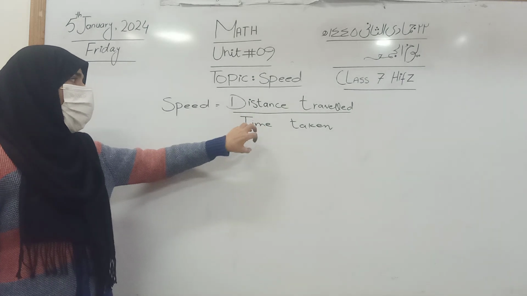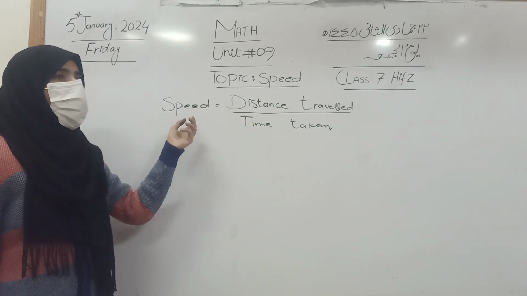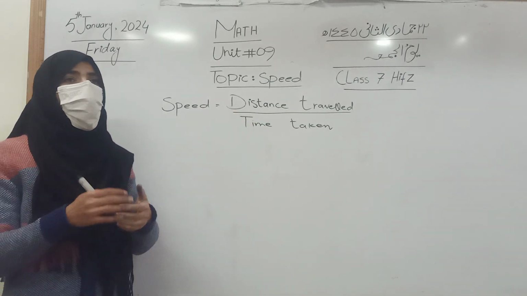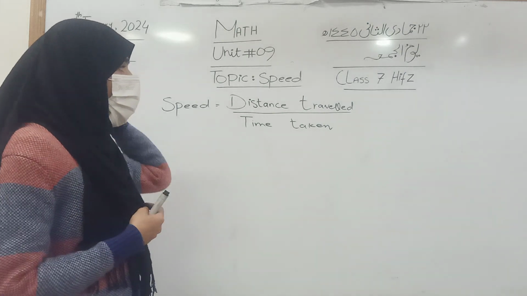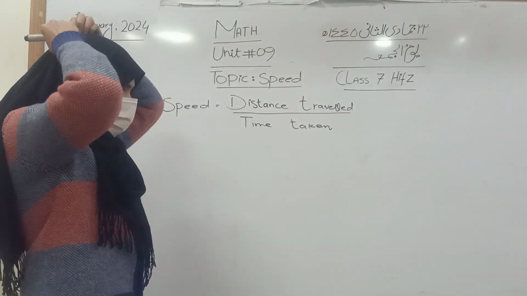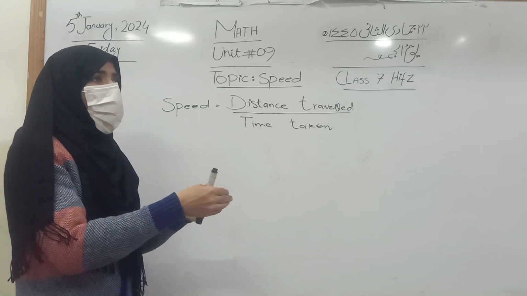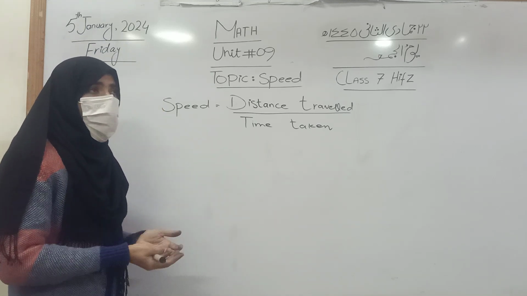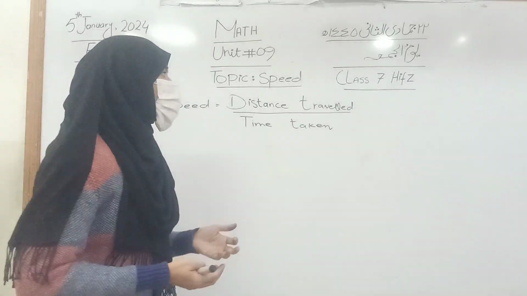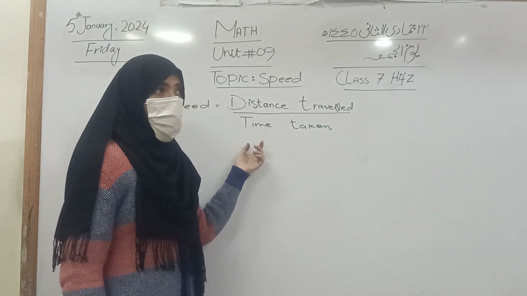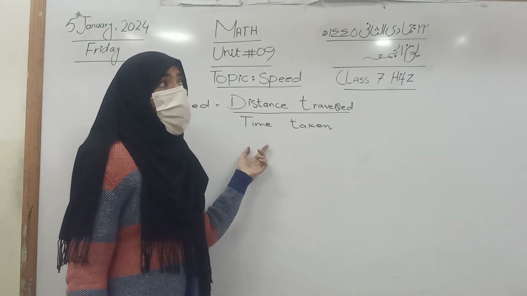By this formula we can calculate the speed of different objects that are moving with some speed. Now let's suppose a car is covering a distance. If a car is moving, obviously the car will cover a distance, and there is the requirement of time.